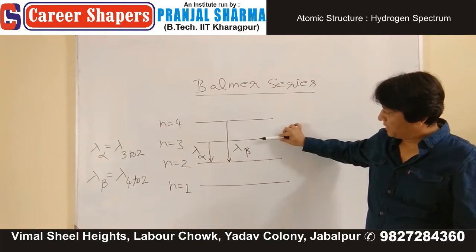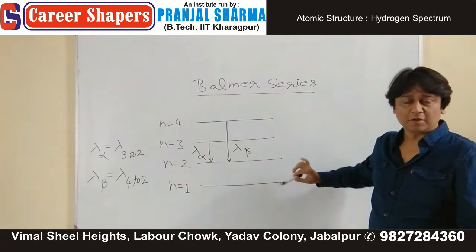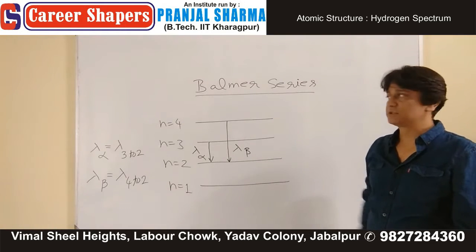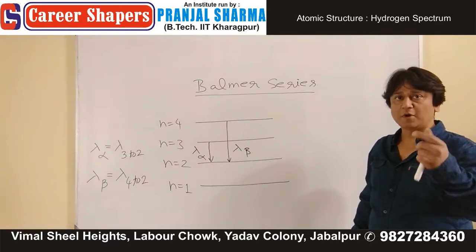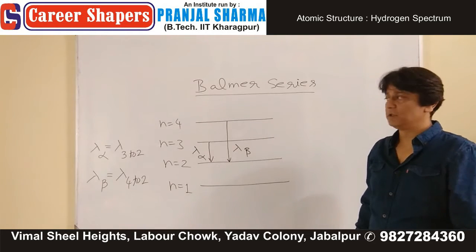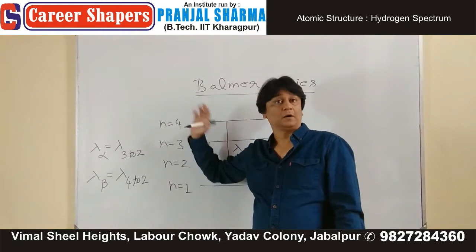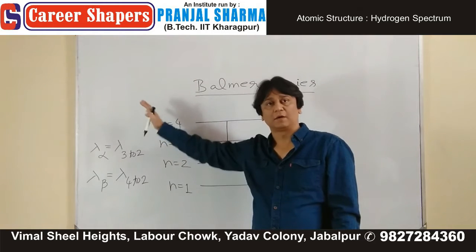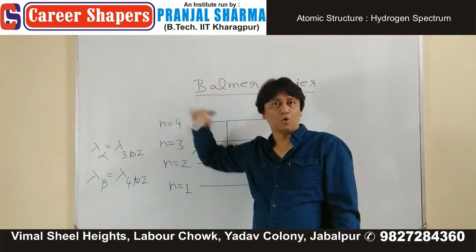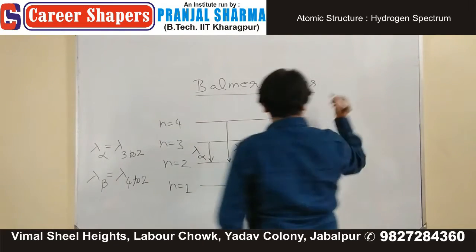Instead of a big jump like this or like this, you're getting smaller jumps. So since you're getting smaller jumps, the energy of the photon will also decrease. The Lyman series was in ultraviolet, beyond violet, more energy. The Balmer series lies in the visible region.